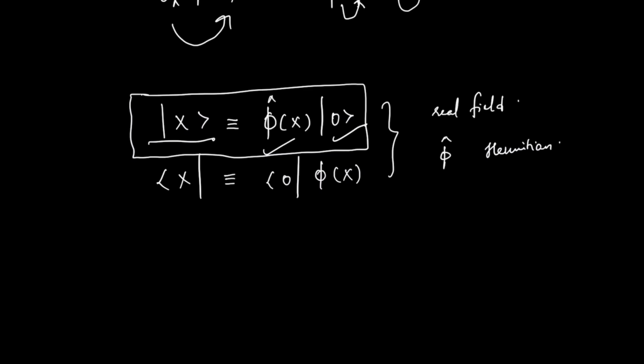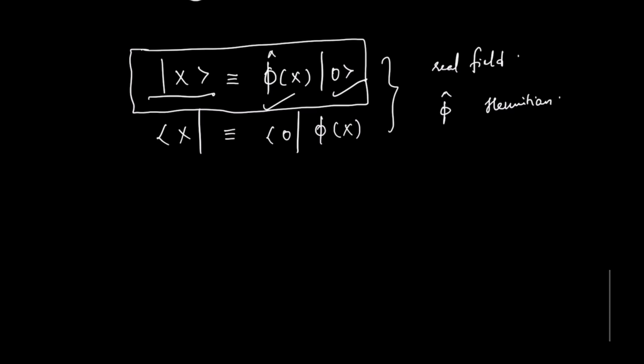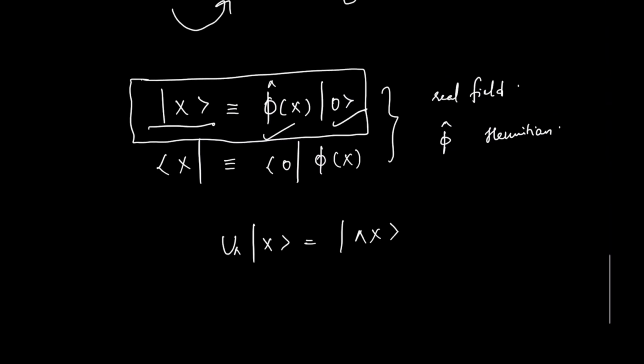So this can be considered as the closest analog of the position vector in quantum field theory. Therefore, if U(lambda) acts on |x>, you will get |lambda x>. Since the vacuum is also Lorentz invariant and the operator also transforms smoothly under Lorentz transformation, the object |x> will transform nicely under Lorentz transformation.